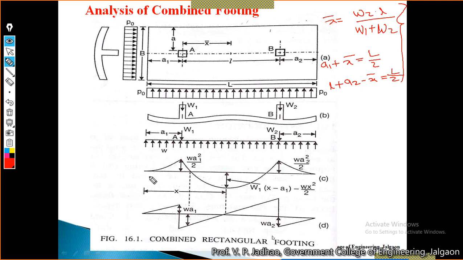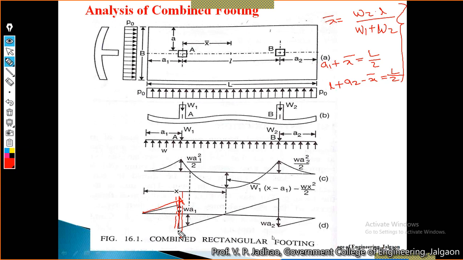Again, bending moment and shear force diagram. When we will be drawing the shear force diagram, we will be taking a section just on the left of this column A, so we will get some shear force like this. Again, we will take one section on the right of this particular column.